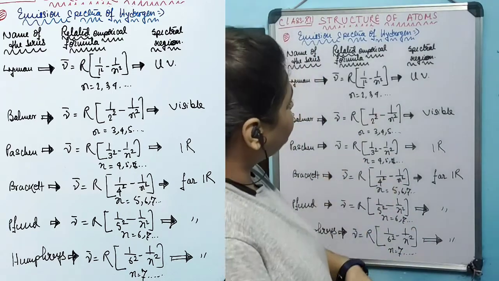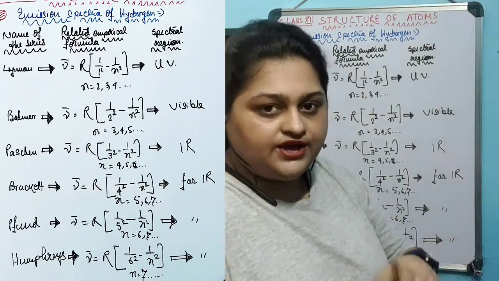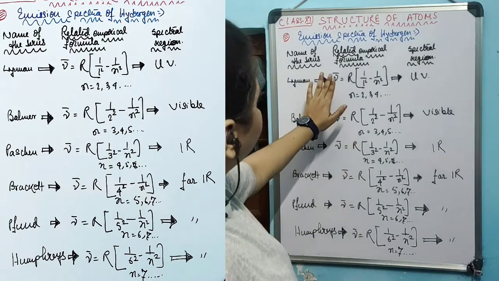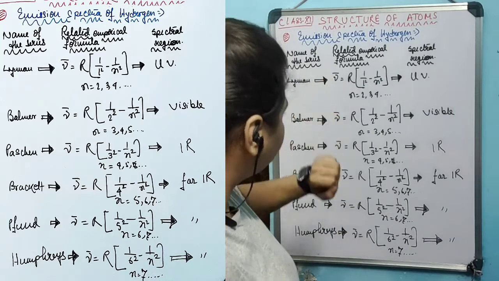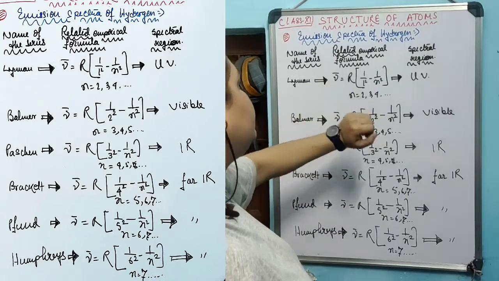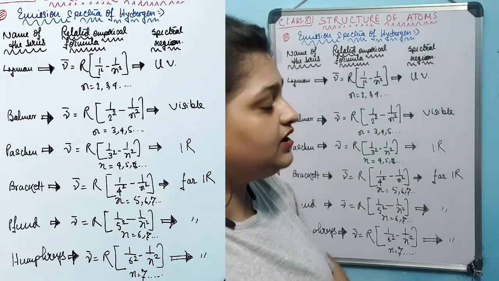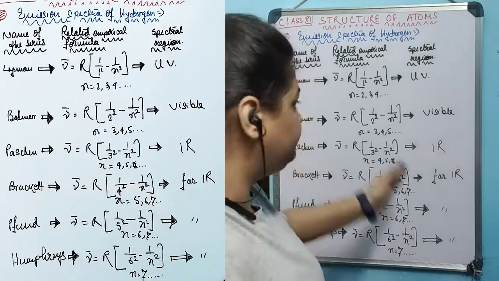He concluded an empirical formula to describe the lines, saying that the wave number associated with those lines can be calculated by this formula, where nu bar is the wave number for the individual lines in the Lyman series.